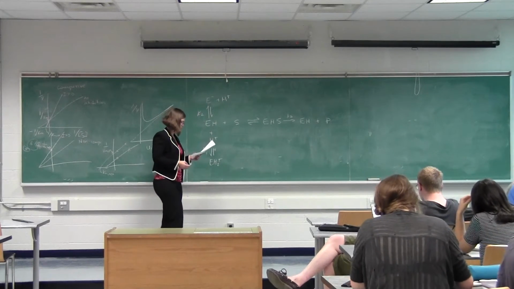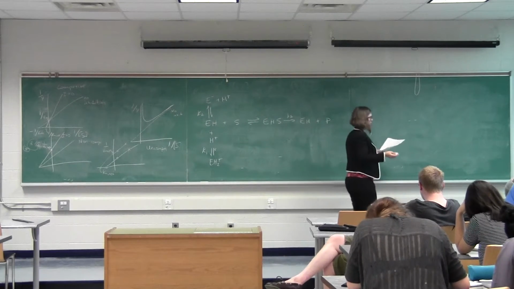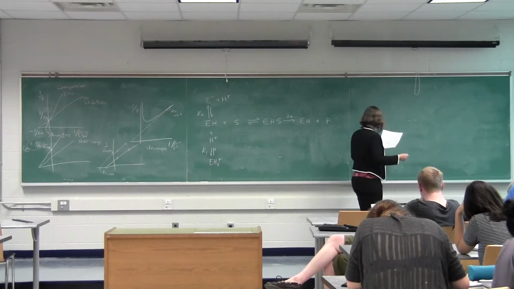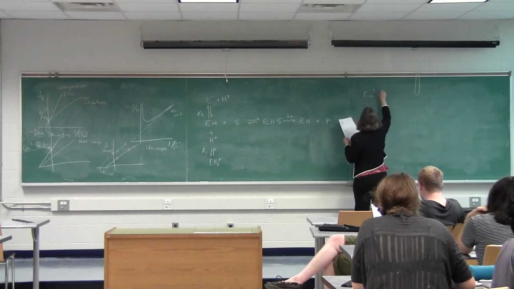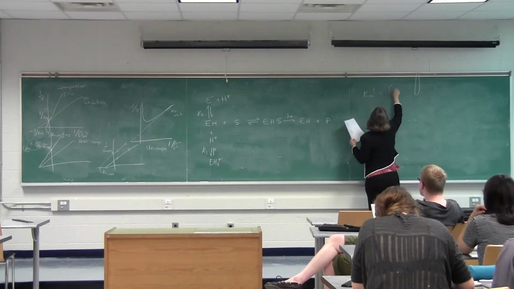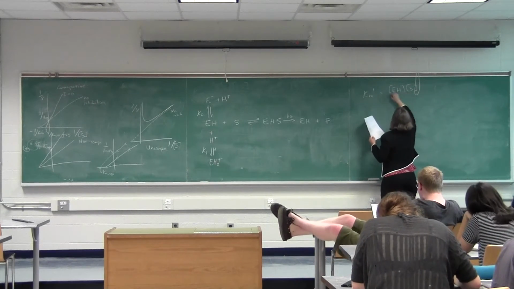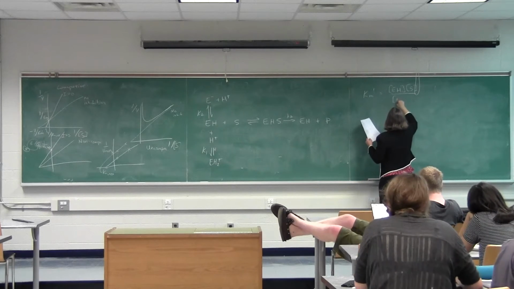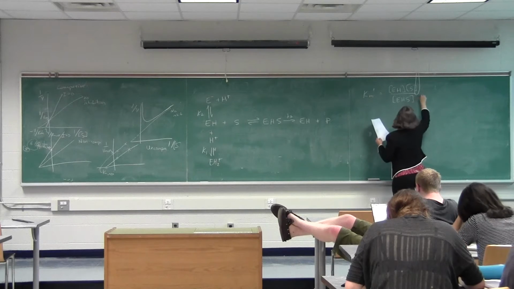So doing the rapid equilibrium analysis, we can do our normal definitions. Km prime. Here we're going to say it's our protonated enzyme times our substrate divided by our enzyme protonated substrate complex.